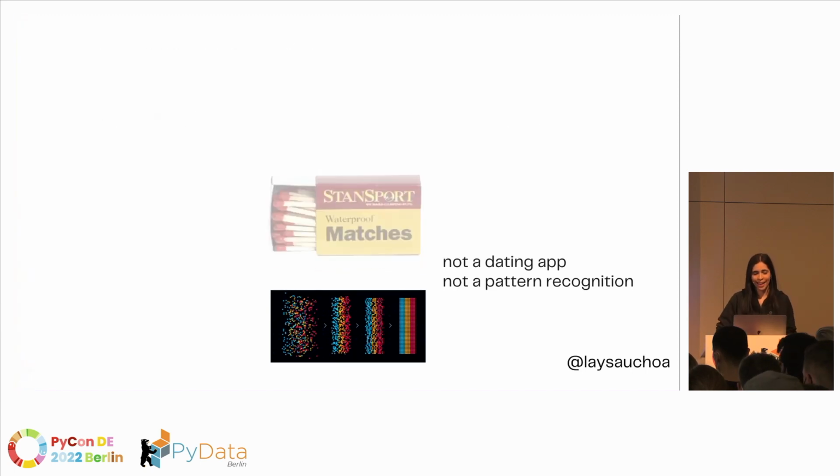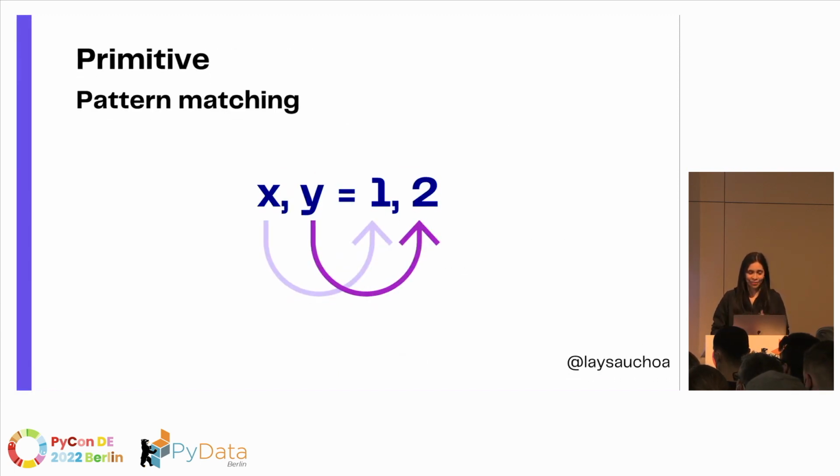And we already had some sort of pattern matching in Python, some primitive pattern matching. So for example, here, x, y equals 1, 2. Python is smart enough to associate x to the 1 and y to the 2 to do the assignment. That's kind of cool.